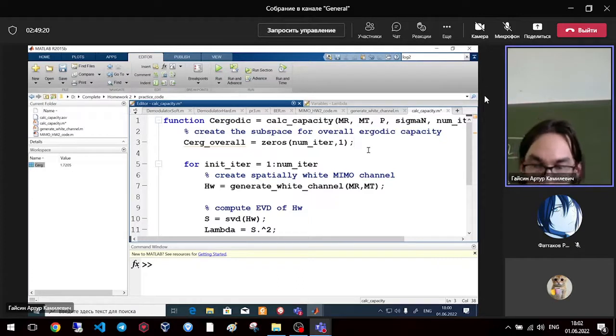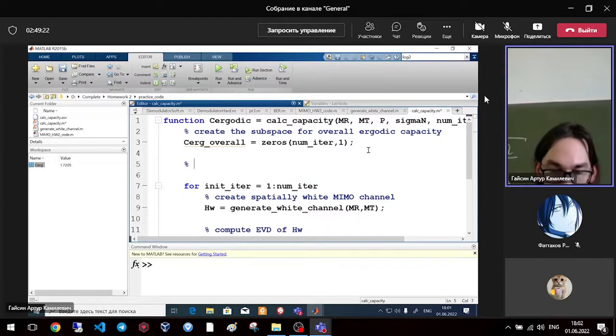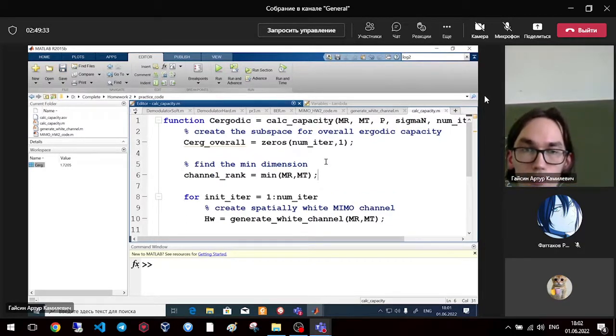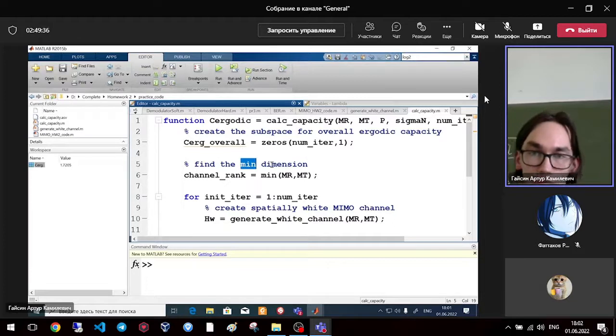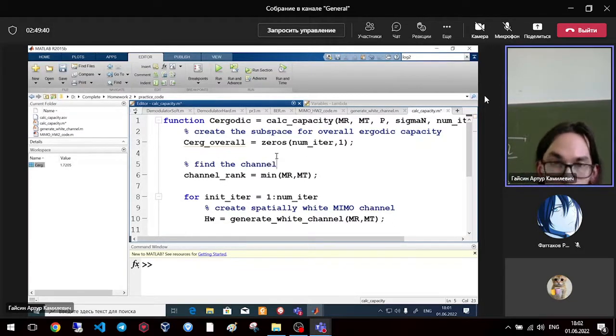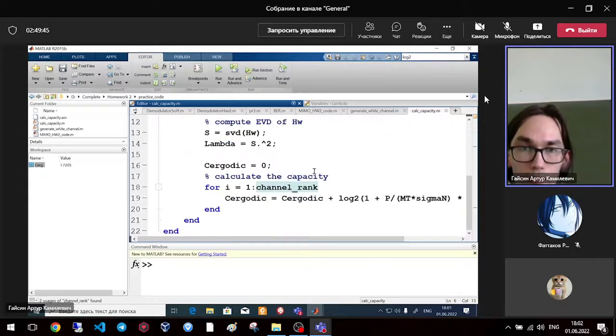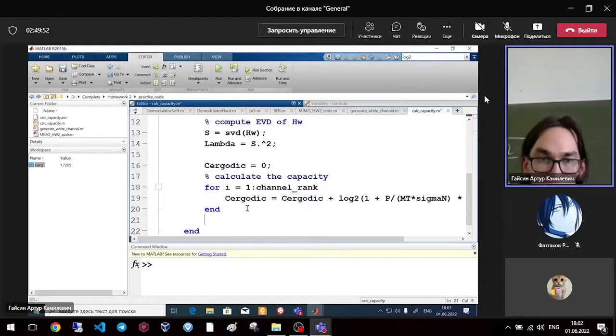And maybe let's call it the minimum dimension. Or find the, let's call it the channel rank. So channel rank here, C ergodic here, but also we should save this value.